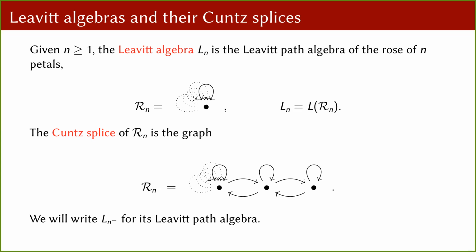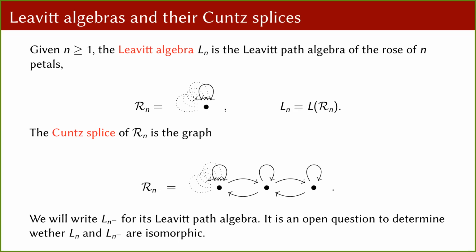The open question about them is that we don't know whether Ln and Ln minus are isomorphic. And this is important for various reasons. For example, one would like to know in general if this movement, the Cuntz splice, which is adding two vertices and connecting them to a third one in a given graph, is a movement which is invariant by isomorphism of the Leavitt path algebras.